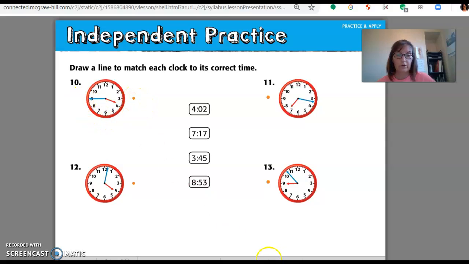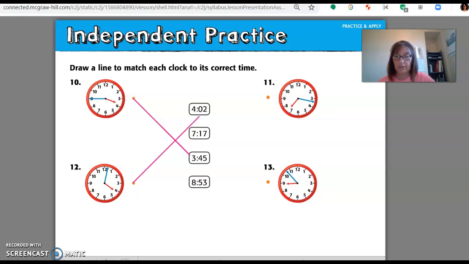So you are going to draw your line from that clock to the correct answer of 3:45. Give number 12 a try. That's right, 4:02. Nice work.